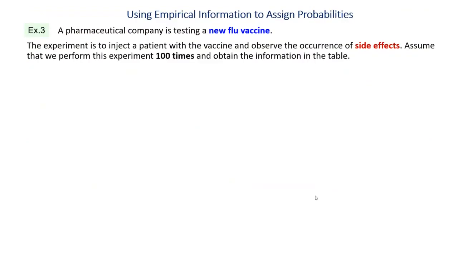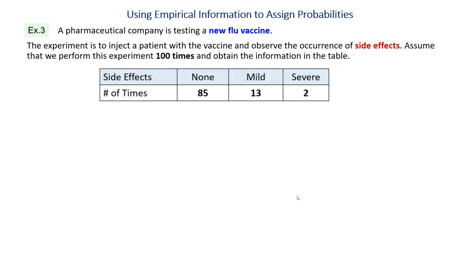For example, a pharmaceutical company, of course, wants to have as many experiments as possible. To simplify our calculation, let us say that an experiment is performed 100 times. For example, we test a flu vaccine. Of course, it's too little, but we want to make it simple.